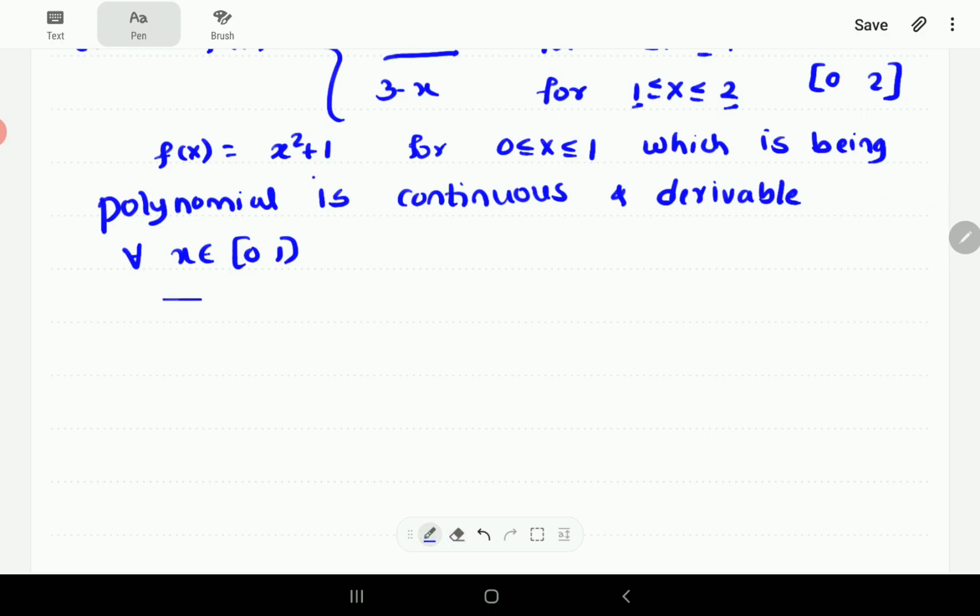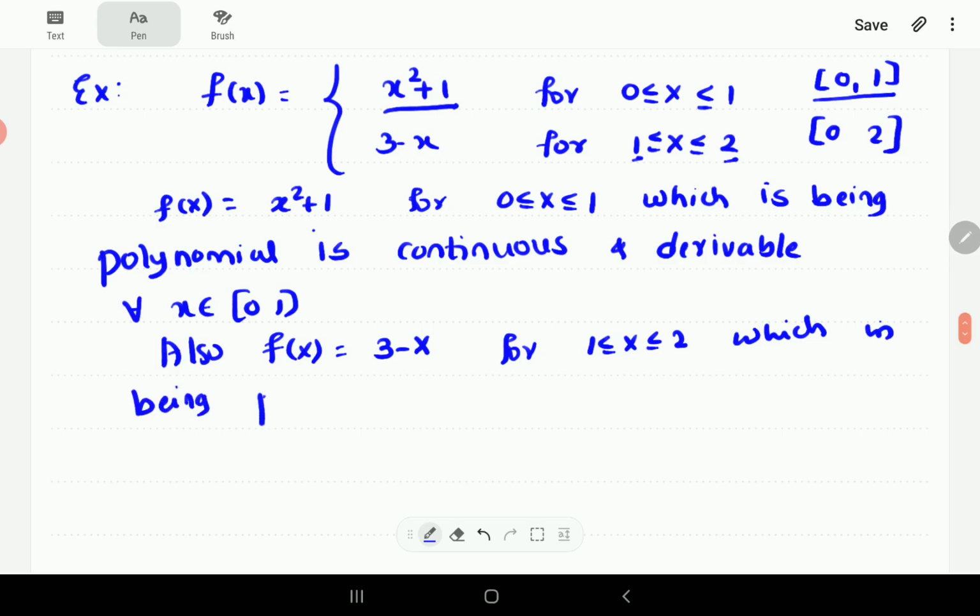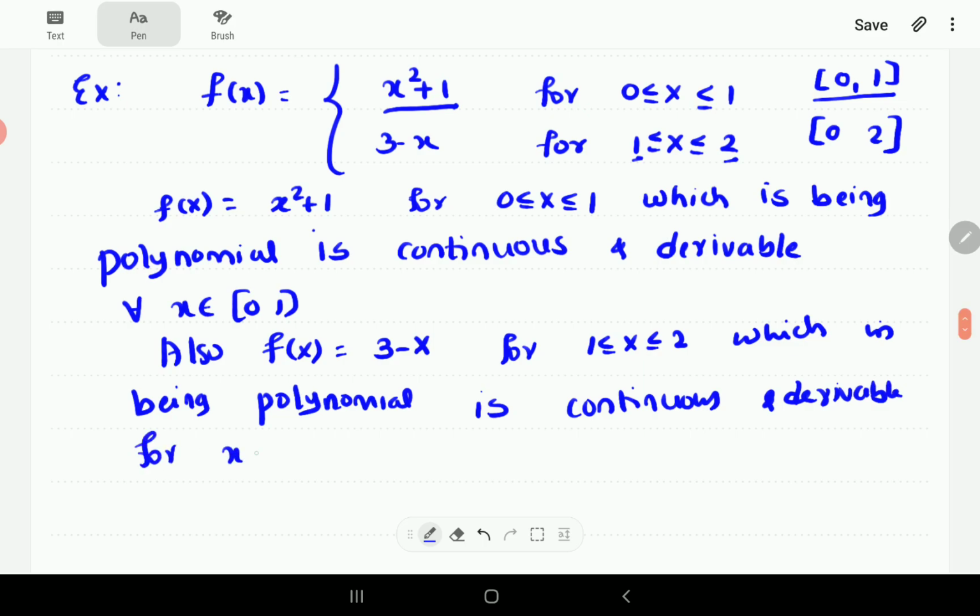Okay, and similarly also your f of x is 3 minus x for 1 less than or equal to x less than or equal to 2, which again being a polynomial is continuous and again derivable, continuous and derivable for x belongs to the closed interval 1 comma 2.